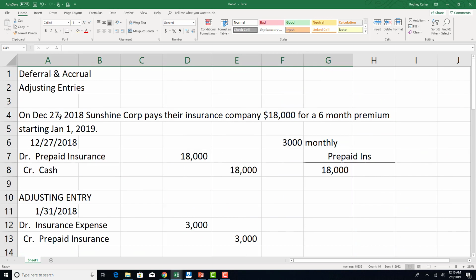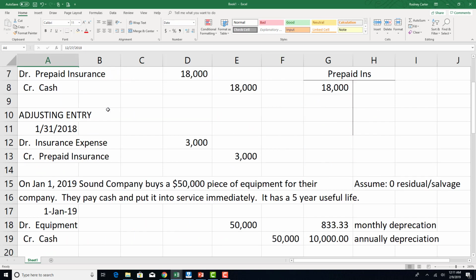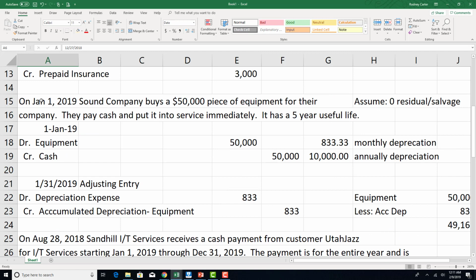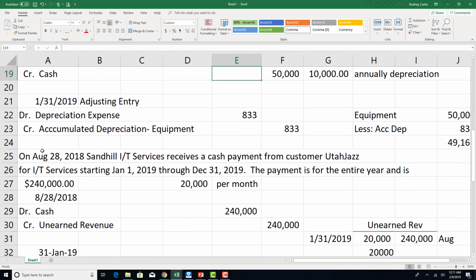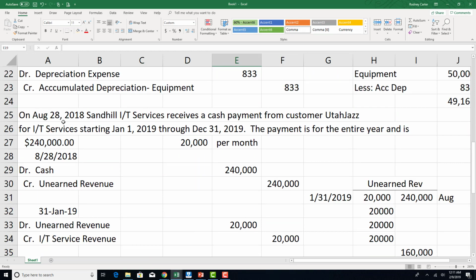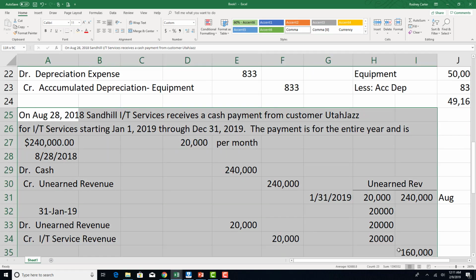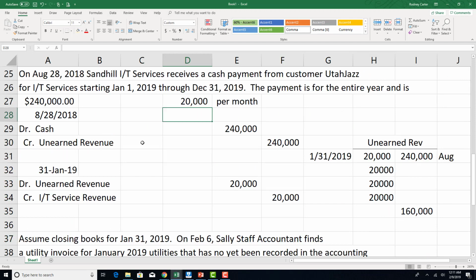And I'm going to scroll down this one more time. Deferral and accrual. We started with deferral entries. We did prepaid insurance. We did a depreciation entry. And we did an unearned revenue entry. Okay.